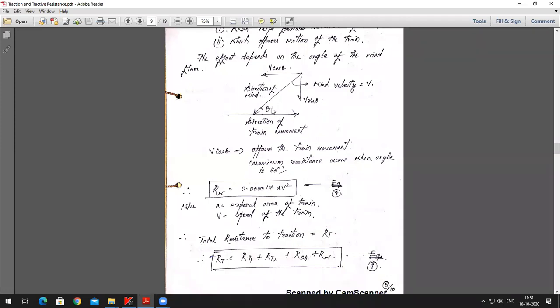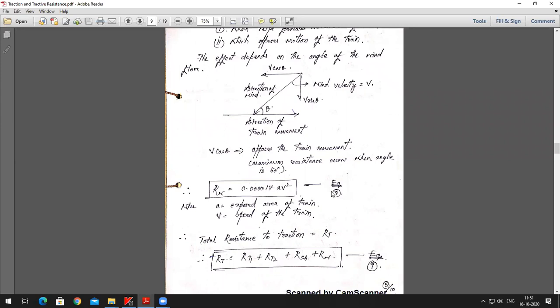Considering this particular case, the resistance due to wind is equal to 0.000017 times AV square, where A is the area of the train exposed to the wind and V is the velocity of the train, or the speed at which the train is moving. So this is equation number 8.